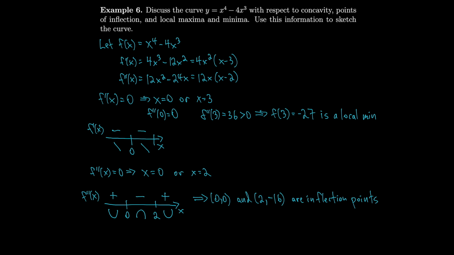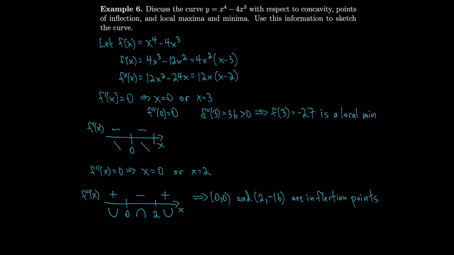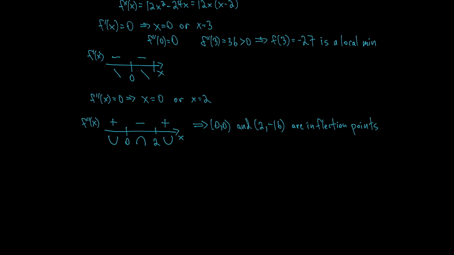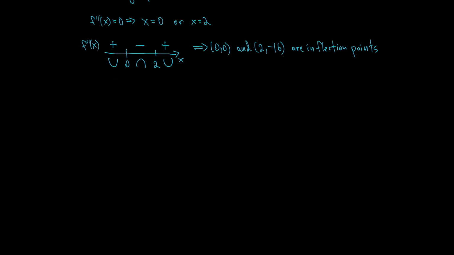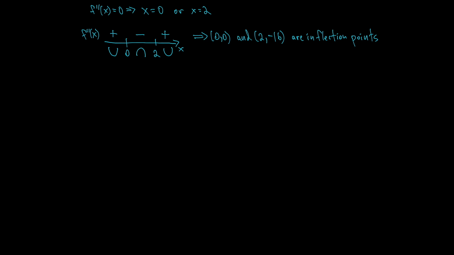Okay, so I think we have enough information now to sketch the curve. We know we have a local minimum and we have 2 inflection points. So 1 inflection point is there.